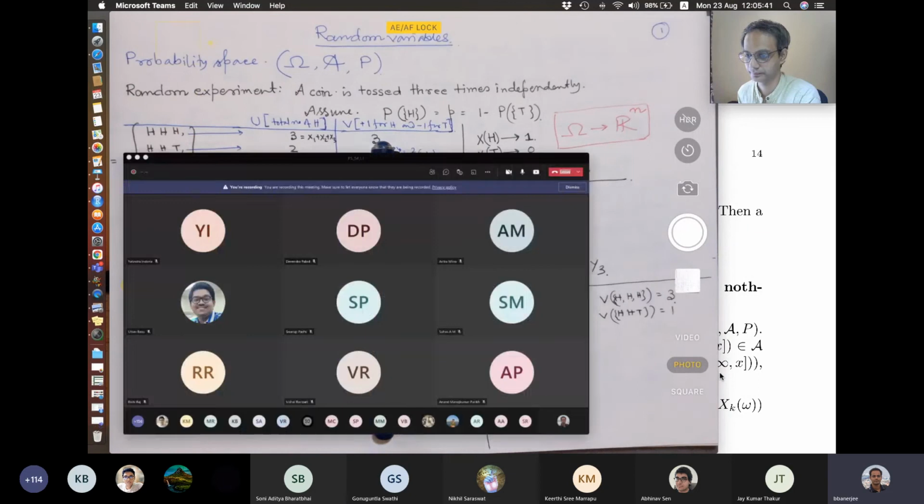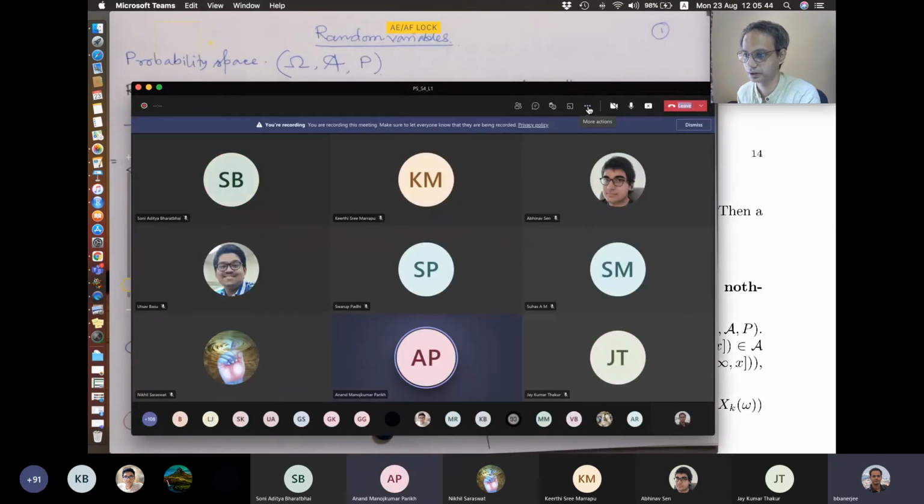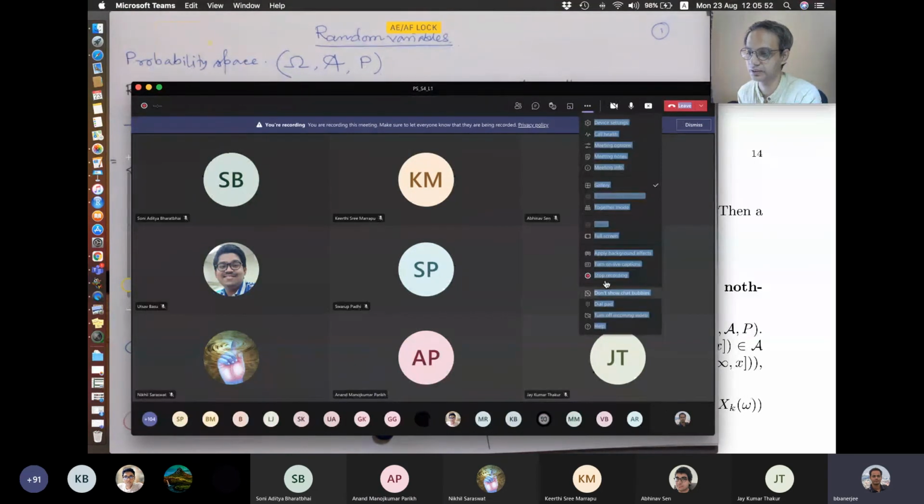Sir, for every random variable, will we find such a function? CDF, yes, of course. CDF is the only thing that characterizes the random variable. Because what value a random variable will take is not a deterministic thing. It depends on the input. The law of association from the element of omega to real number is deterministic. But what that omega will be is not known.